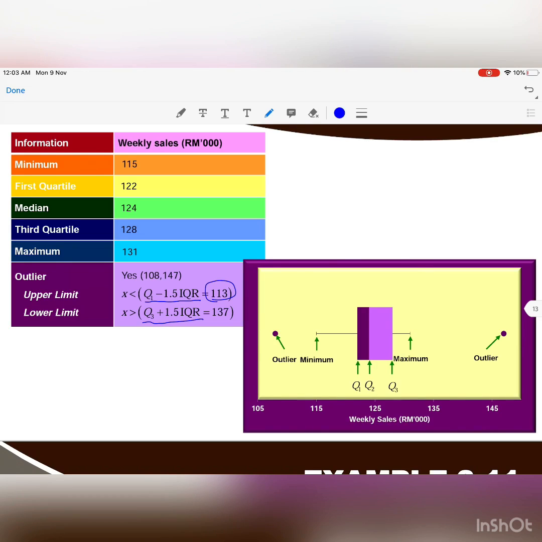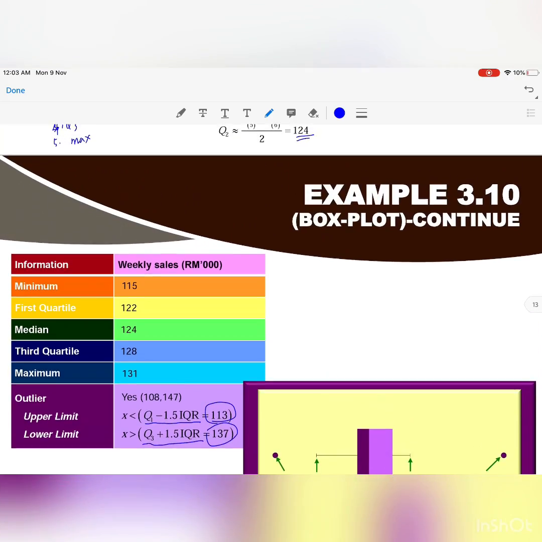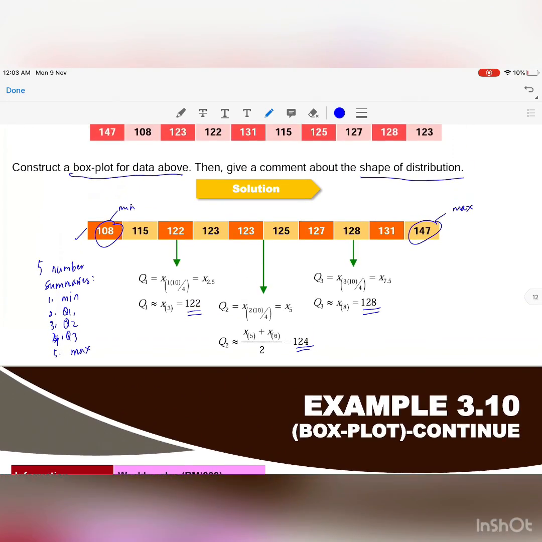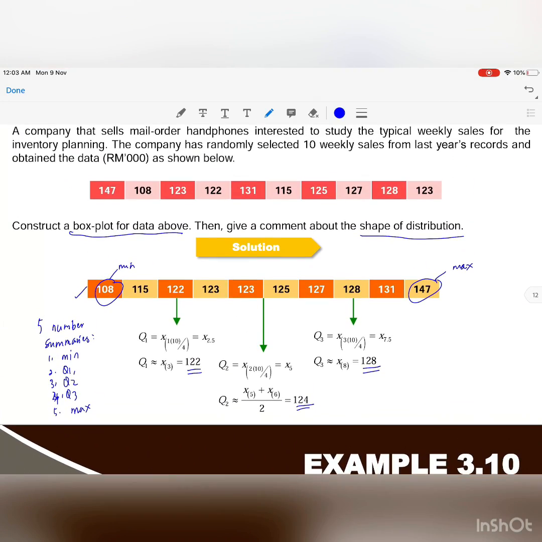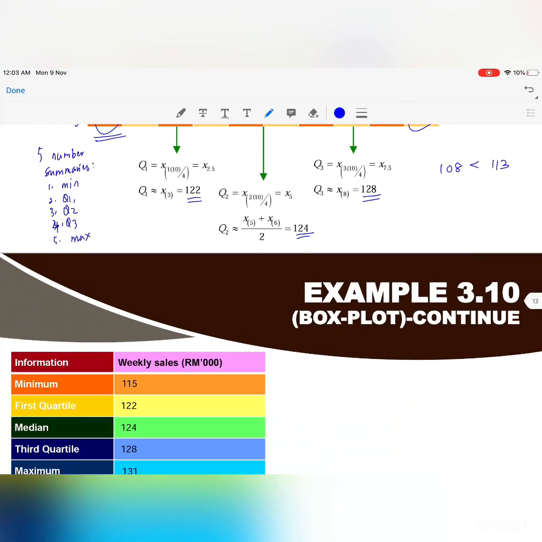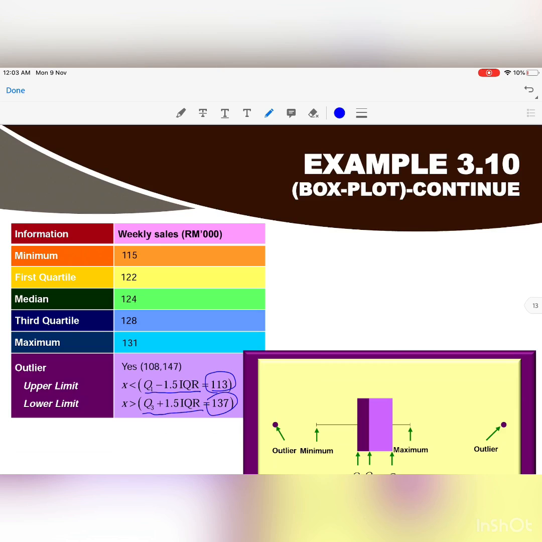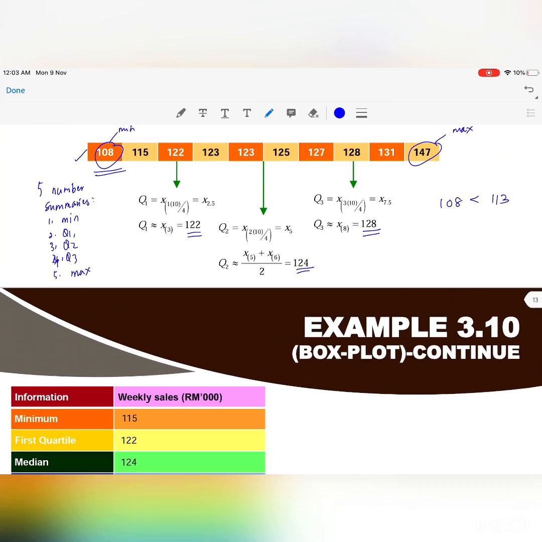So is there any data less than 113, or any data greater than 137? Look at this one. Is there any data less than 113? Yes. Which one? This one, 108. 108 is less than 113. Another one, is there any data greater than 137?